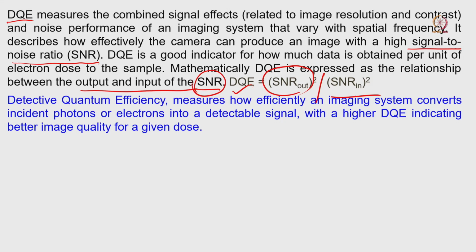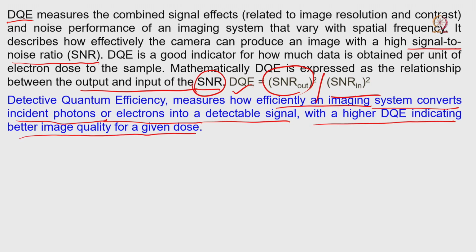This is the definition of the detective quantum efficiency: it measures how efficiently an imaging system converts the incident photons or electrons into a detectable signal, with a higher DQE indicating better image quality for a given dose, because dose is always limited, and we have to keep that in mind.